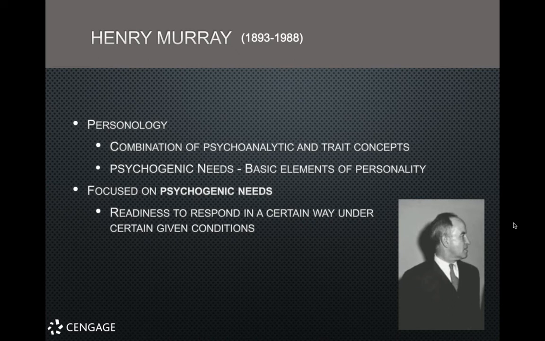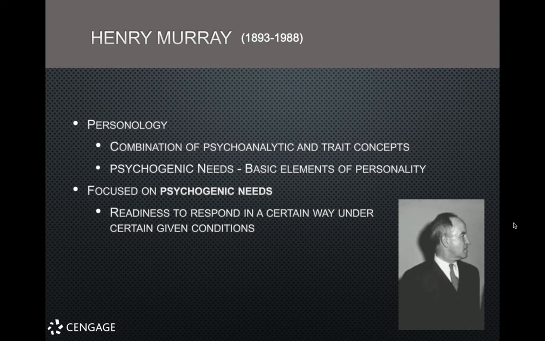So, just as we talked about how Jung's psychology was called analytic psychology, Adler's psychology was called individual psychology, and so on and so forth, Henry Murray's propositions were organized under the umbrella term he decided to call personology. And personology is a combination of both psychoanalytic as well as trait concepts.